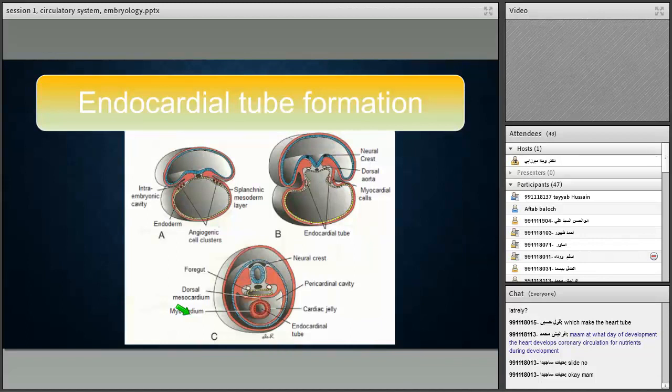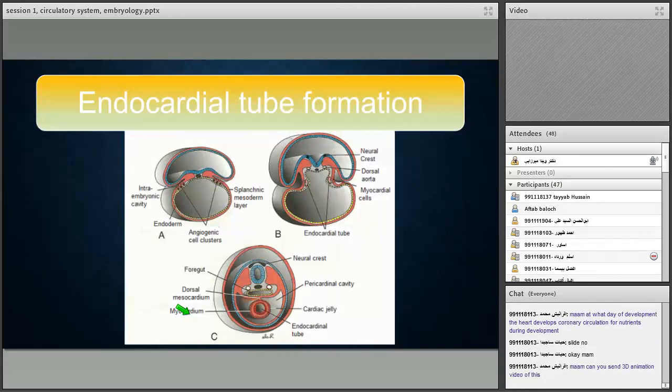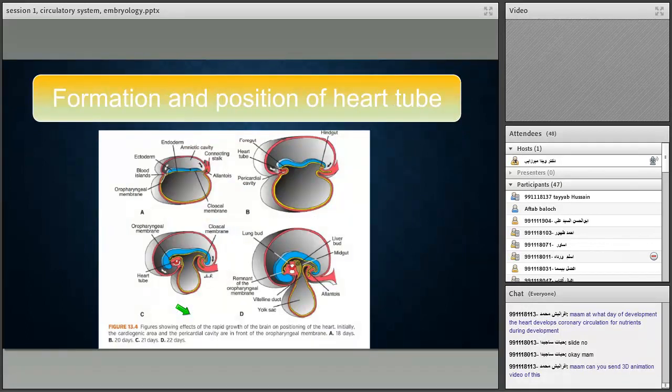Did you get these foldings? How they occur? We have two foldings in the embryo. One, the craniocaudal. If I can find it, I will send you; you can search it on the internet yourself. The craniocaudal foldings make the heart move into the cervical region and also the thorax.